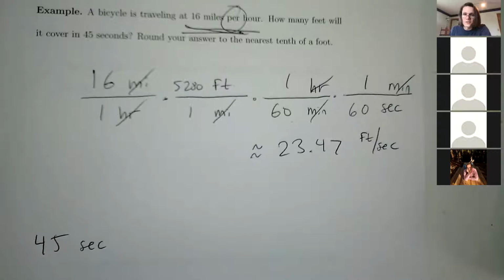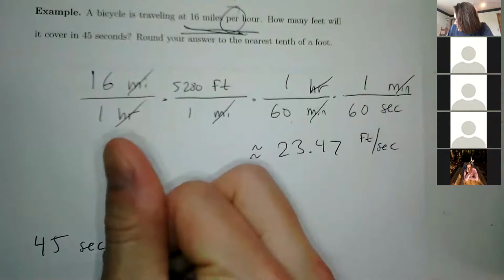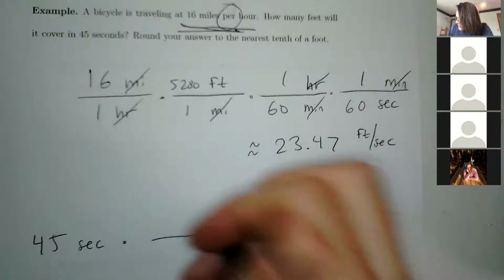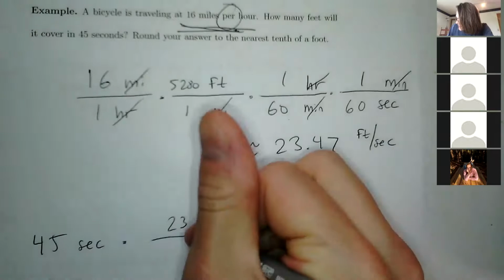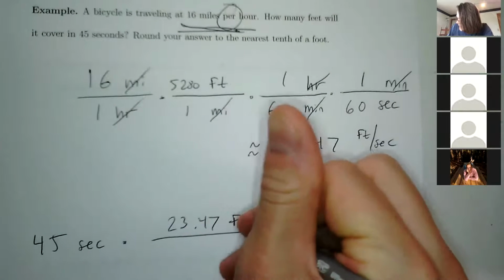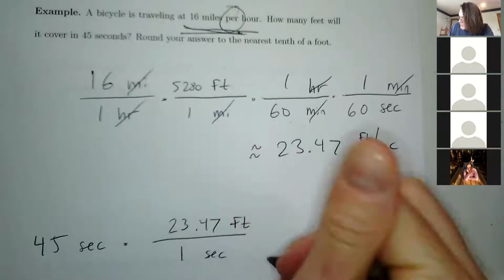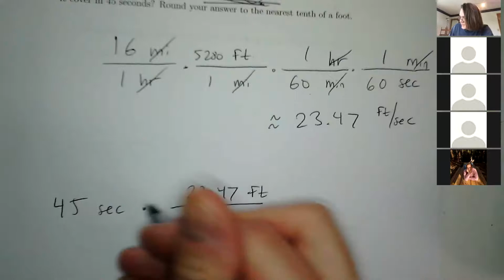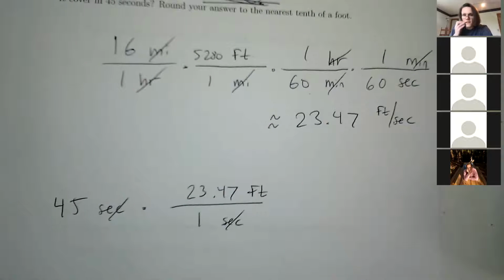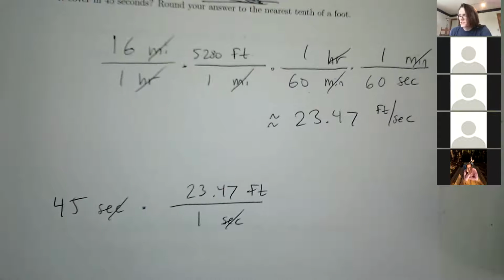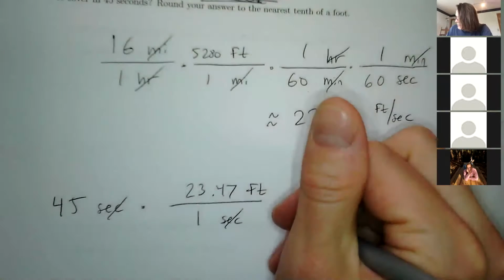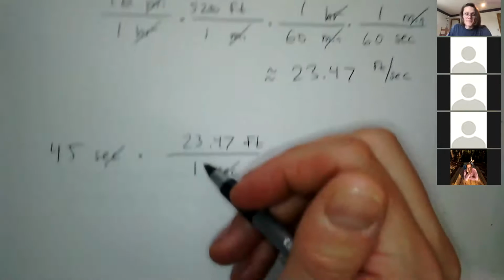And you can see that in the units as well. So 45 seconds, and then if I put 23.47 feet in the top and 1 second in the bottom, you'll note that the seconds cancel. Also, I think the abbreviation for second is just an s, not sec. I don't know why I do that. In any case, I just get feet, and that's my answer.